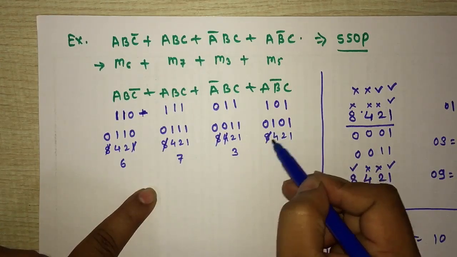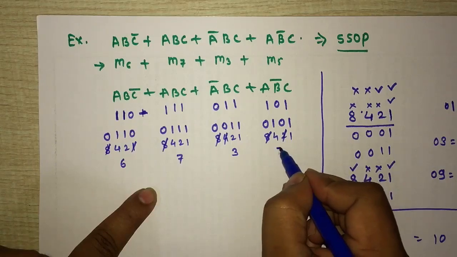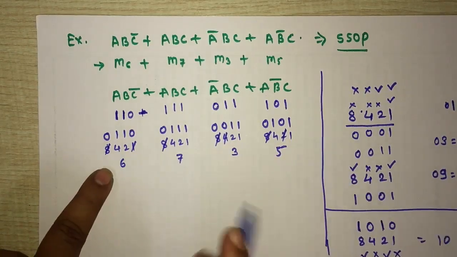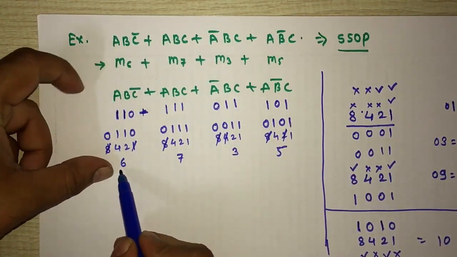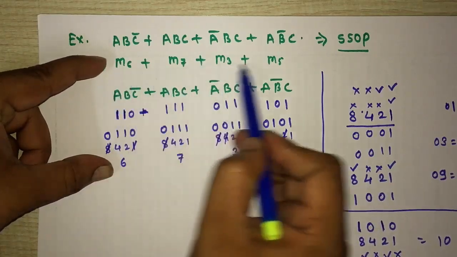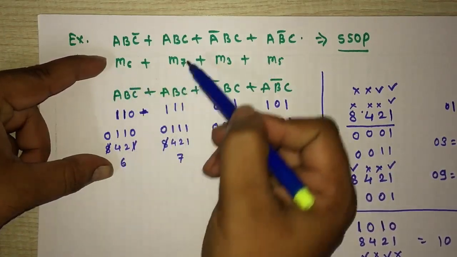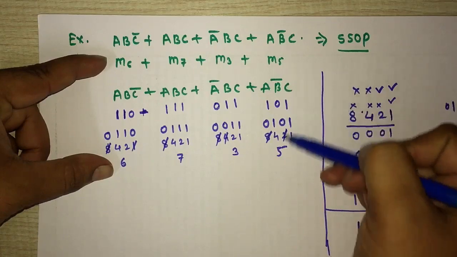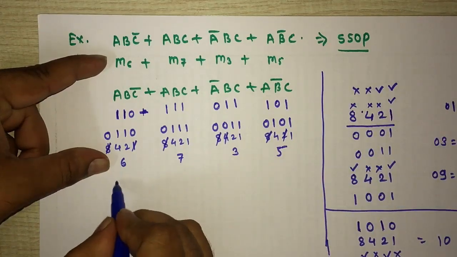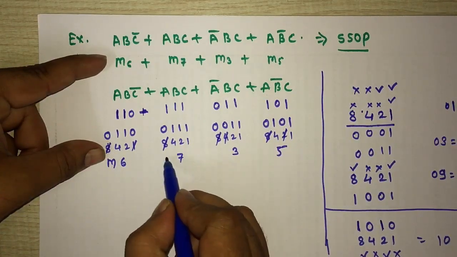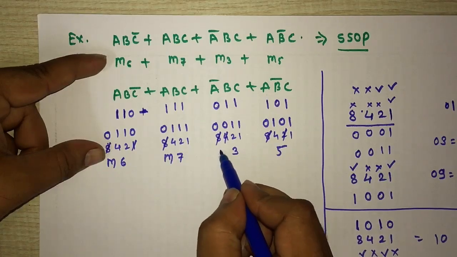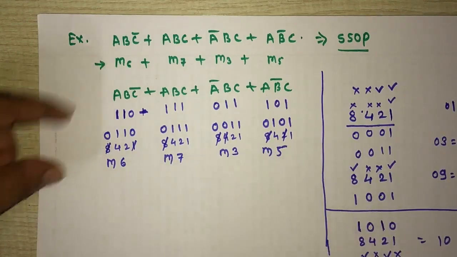Here 8 absent, 2 absent, 4 plus 1 is 5. If you look at these decimal values and the min terms, they are 6, 7, 3 and 5. So these terms are small m6, m7, m3, m5.